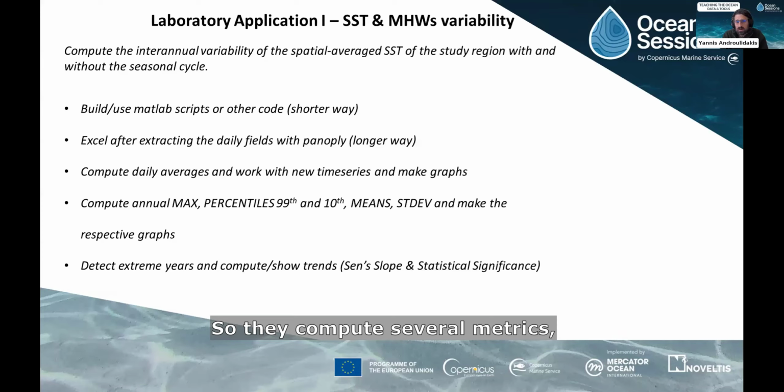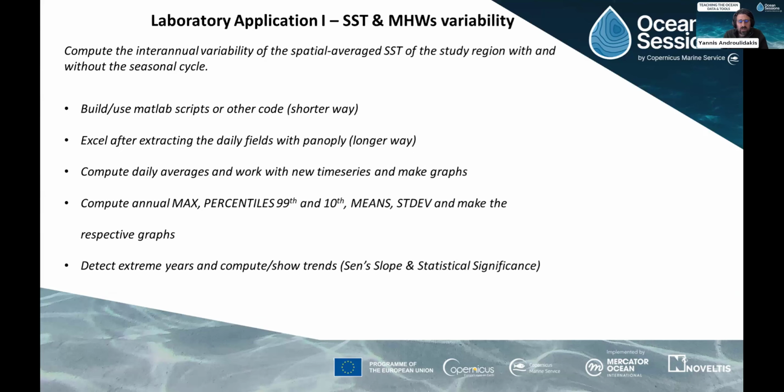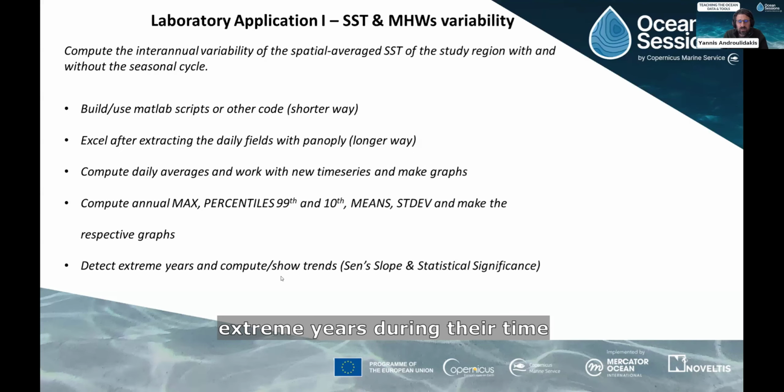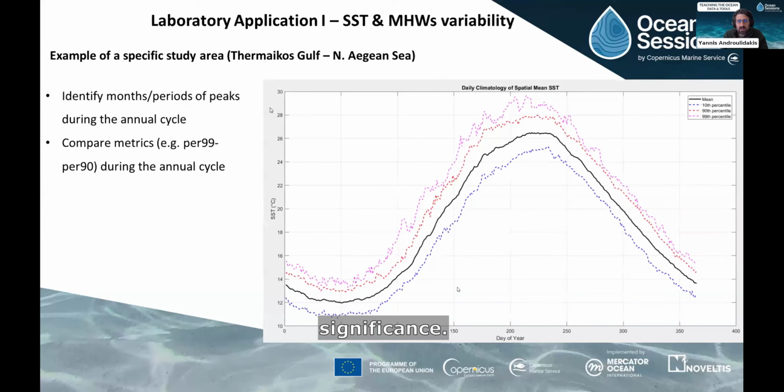So they compute several statistical metrics, and they do also some climatologies. And finally, they can detect the extreme years during their time series, and also compute trends and the respective statistical significance.